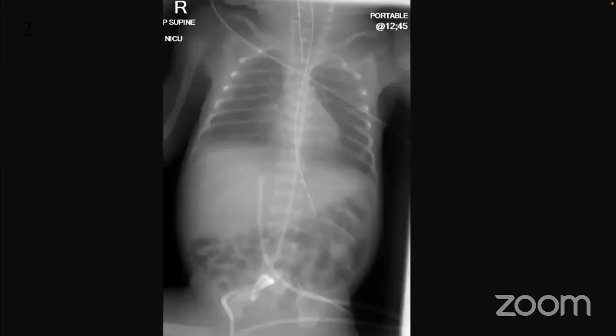This is the next one. There are a lot of tubes here in this babygram. What do you think about the umbilical venous and arterial catheters here?